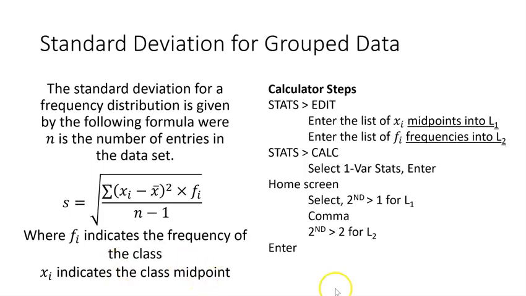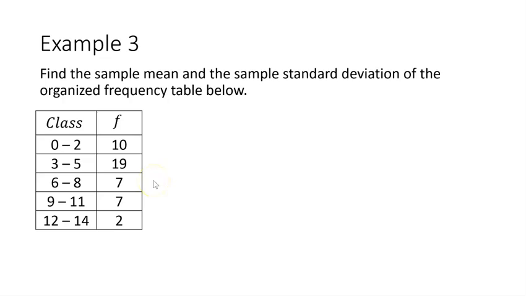For our frequency distribution, we first had to come up with the midpoints of our classes, and then we put those into L1, our first list. We put our frequencies into our second list. We were able to then run our 1-Var Stats, aka one variable statistics, and told our calculator that we had 2 lists. So let's go ahead and walk through that process together.